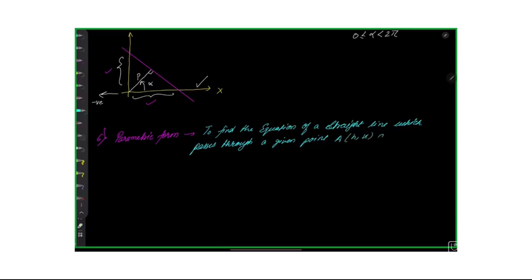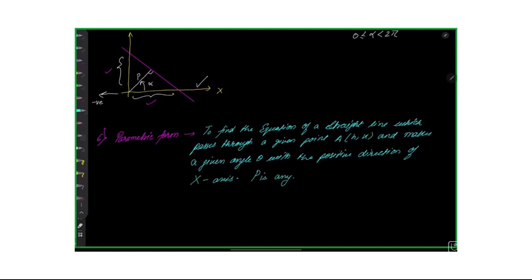And makes a given angle theta with the positive direction of the x-axis. Right? P is any point whose coordinates are x comma y, any point on the line LAL dash.